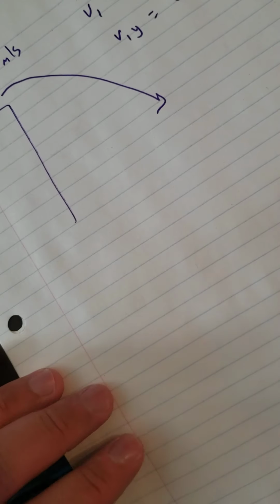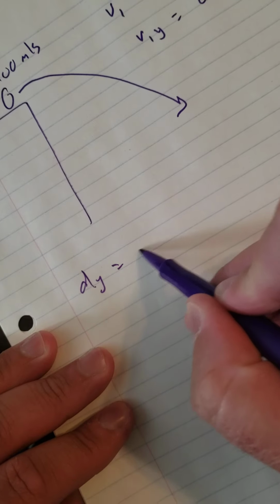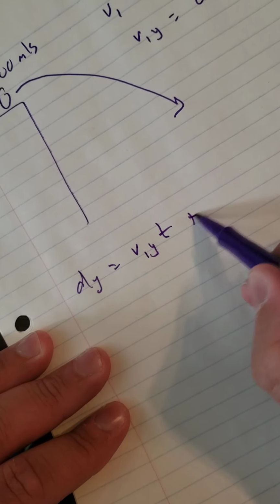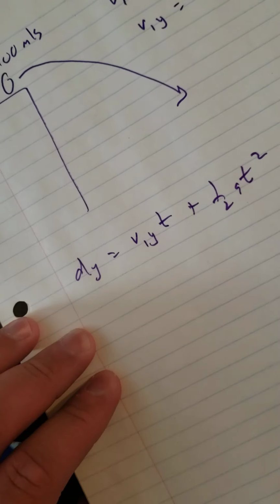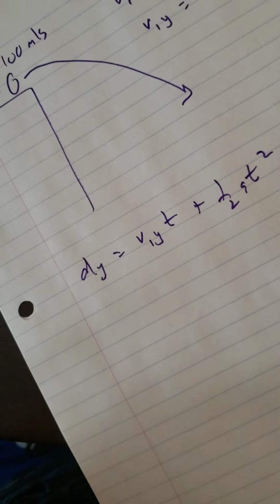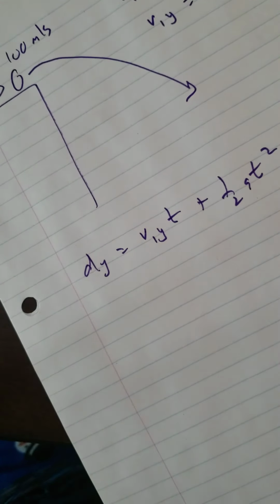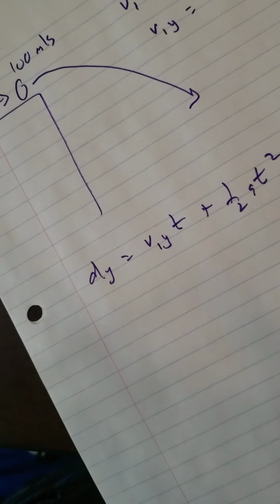Alright, so then we're going back to our quadratic equation, which is given to you, of course. So it's dy equals v1y t plus 1/2 at squared. What I'm going to do is put my coordinate grid in a certain spot to make the problem a bit easier to solve for me, that's all.